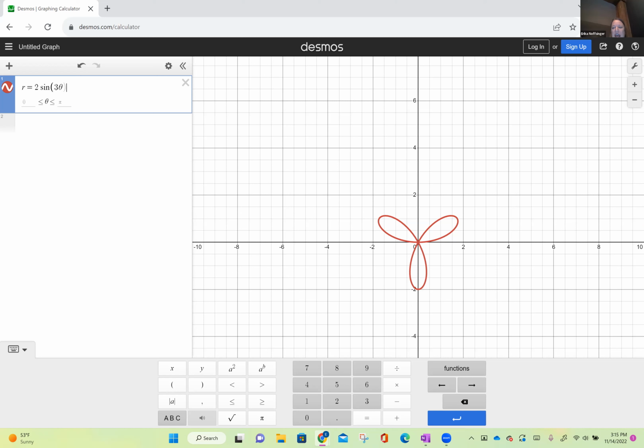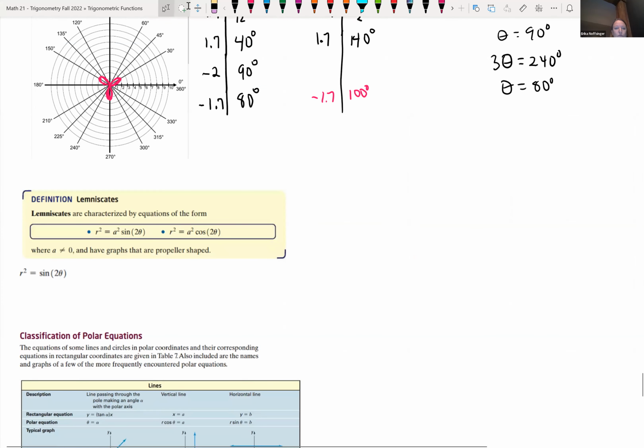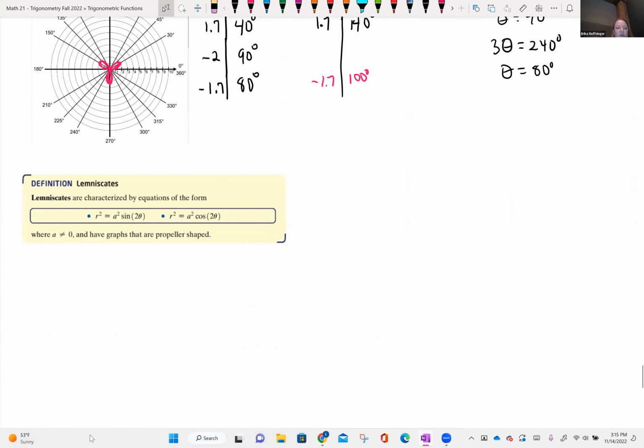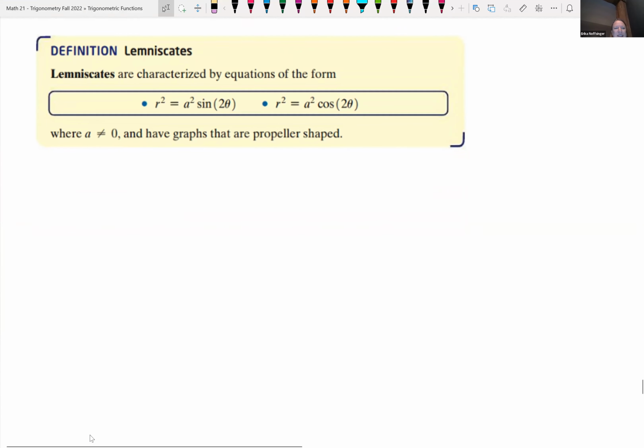So there's one other type that we'll see, which kind of look like propellers. And let's pull that up. So these are called lemniscates. Lemniscate curves are characterized by the equation of the form r squared equals a squared sine 2 theta, or r squared is equal to a squared cosine 2 theta, where a can't be equal to 0.